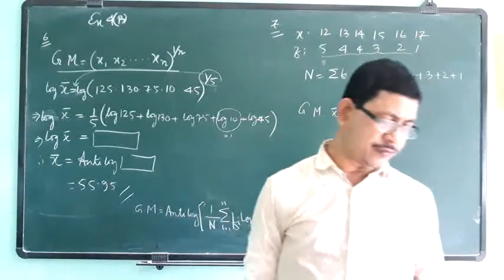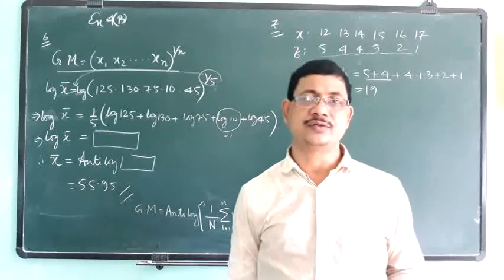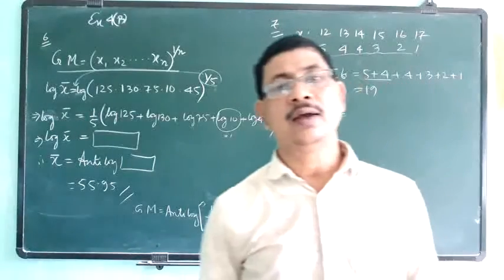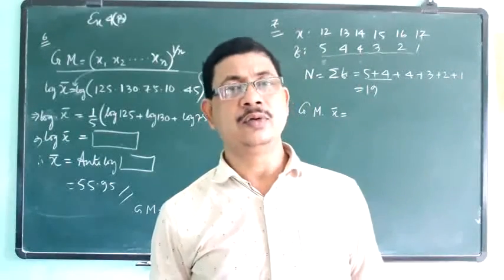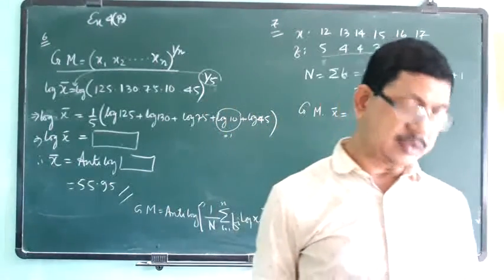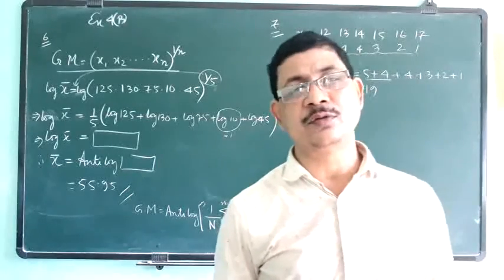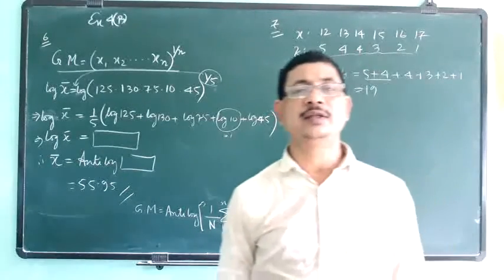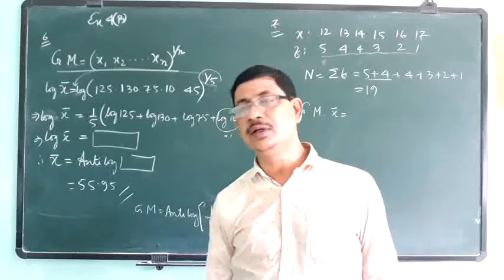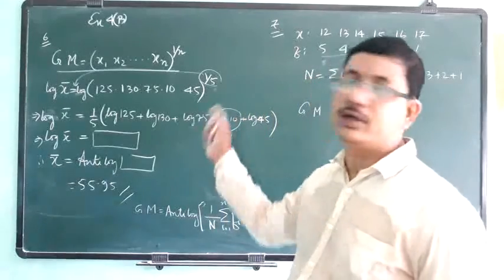Then it is suitable for further mathematical treatment. Yes, like the arithmetic mean, the geometric mean can also be used for further mathematical treatment. Then it is less affected by extreme observations. That is a big problem for the arithmetic mean as well as the geometric mean, as we are considering all the terms.